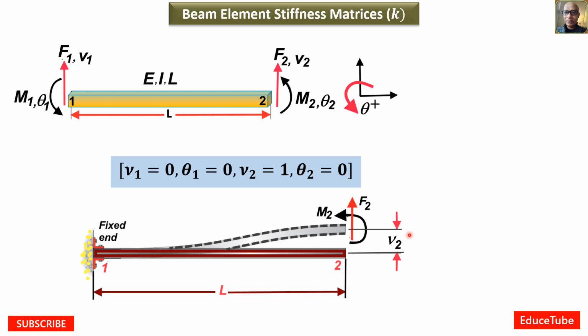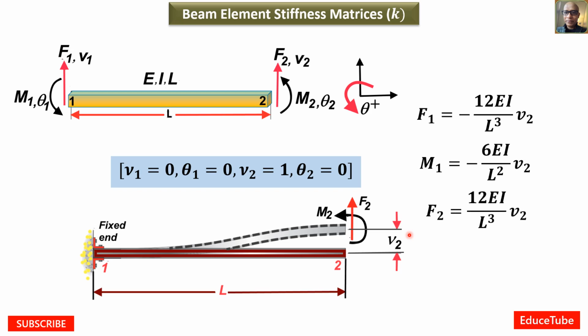we find M1 and M2. M1 equal to minus 6 EI over L square nu 2 and M2 equal to minus 6 EI over L square nu 2.